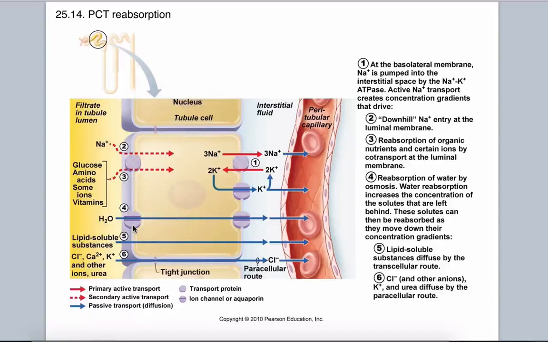Here's how it happens. Antidiuretic hormone causes genes to get turned on that make these aquaporins and put them on the surfaces of these cells. When there are more aquaporins present, that lets water go from here, in the filtrate, back into the peritubular capillary.